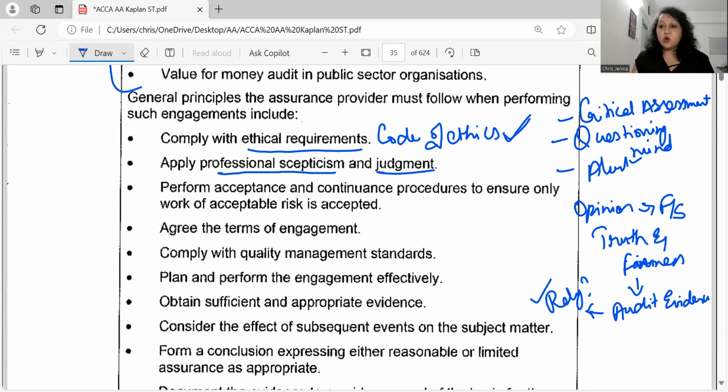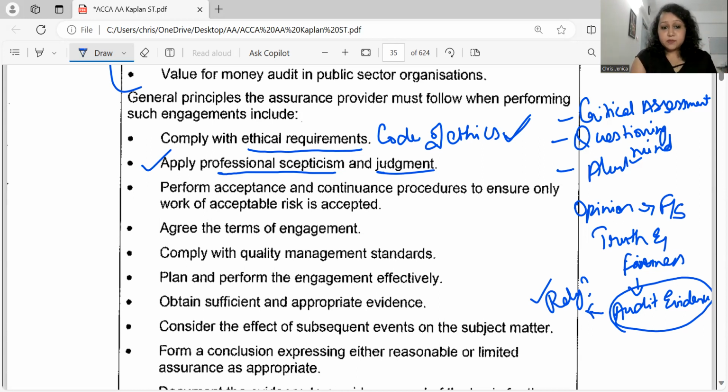As an auditor performing the assurance engagement, you need to have an attitude of a questioning mind, and be alert to any conditions that could have an error, fraud, or bias for the financial statements being prepared. So you're going to carry out a critical assessment of any audit evidence that you have obtained to get reliability on that. Okay. So that is the most important thing. You have to apply professional skepticism and professional judgment.